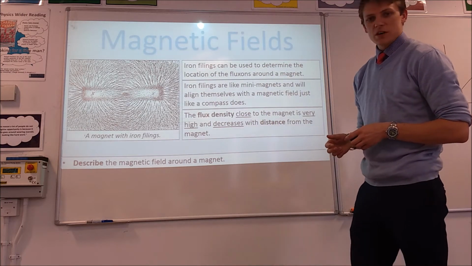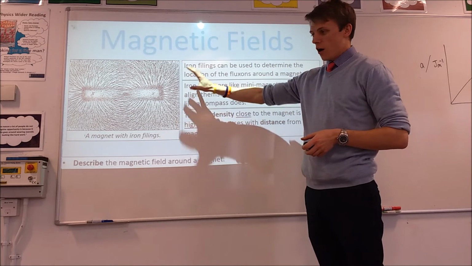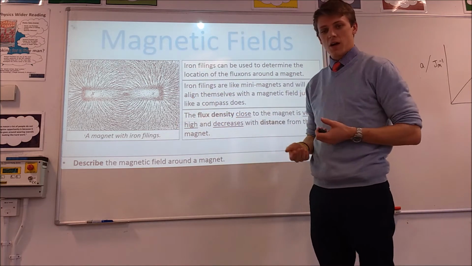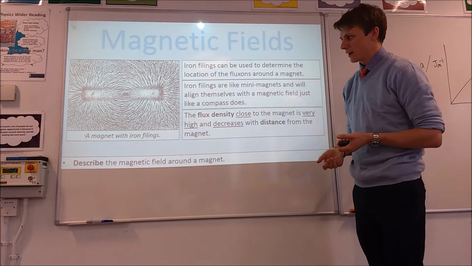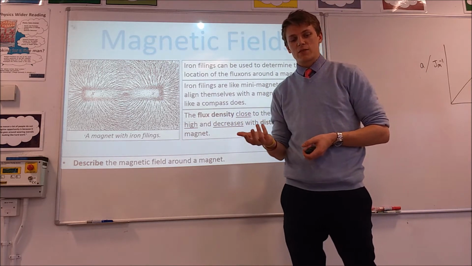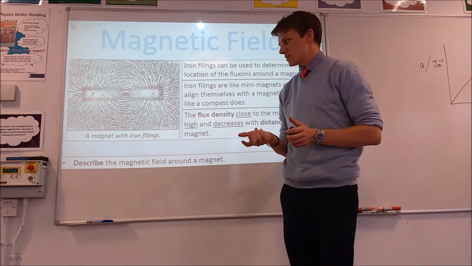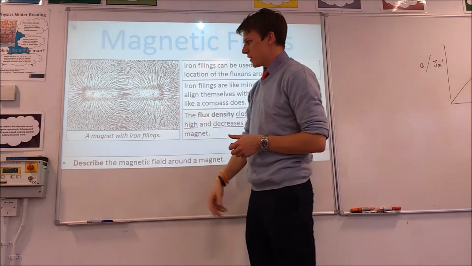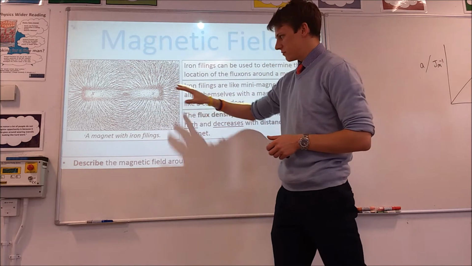So that was a very simple diagram. We can actually map the whole field by chucking a load of iron filings on top of a magnet, and because iron filings are ferromagnetic, which means iron is a naturally magnetic material, they align themselves with the field, and we can see where all of these field lines are.